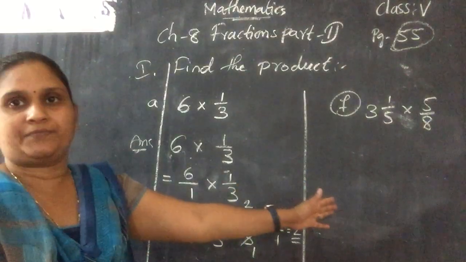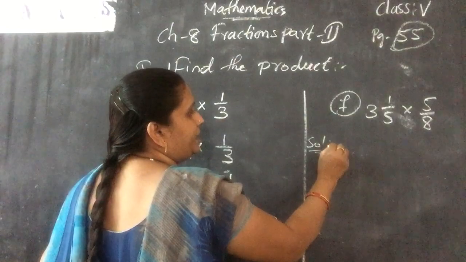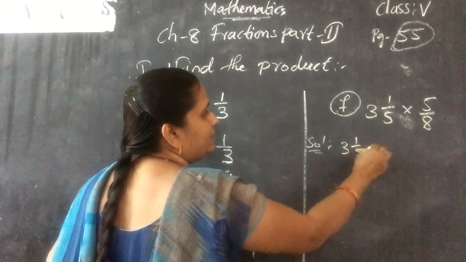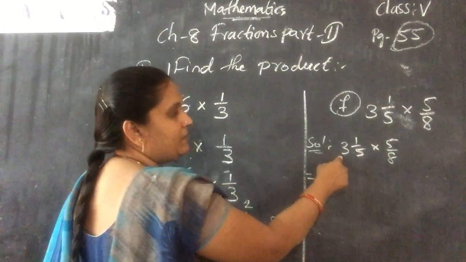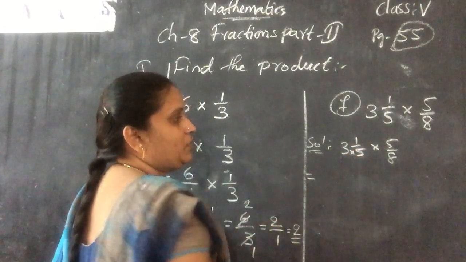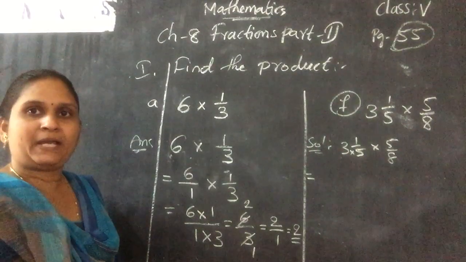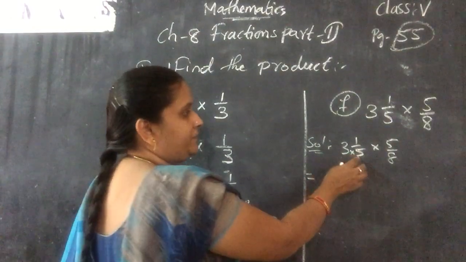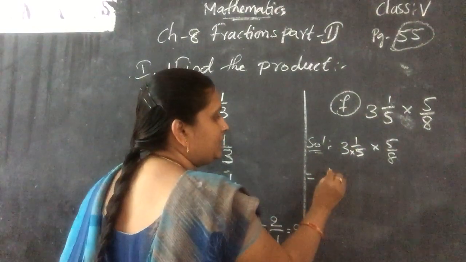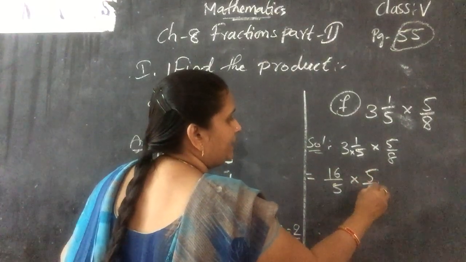Now coming to the mixed fraction. Same solution. Write down 3 1 by 5 into 5 by 8 is equal to 3 5s are 15. Just now I explained, the whole number and denominator should be multiplied, and to that product the numerator has to be added. So 3 5s are 15, 15 plus 1, 16 by 5 into 5 by 8.